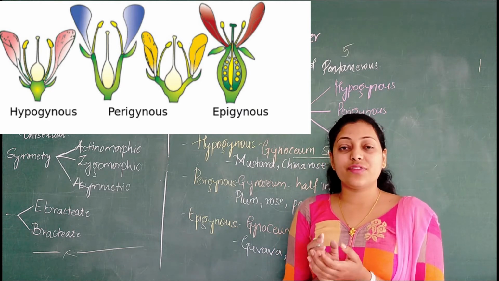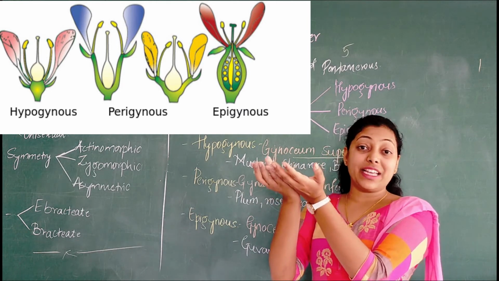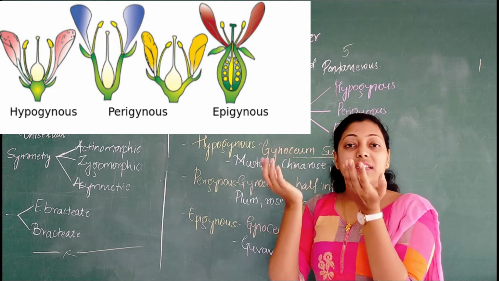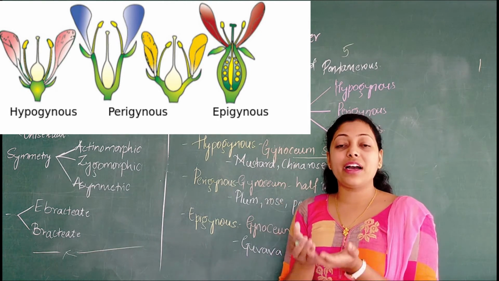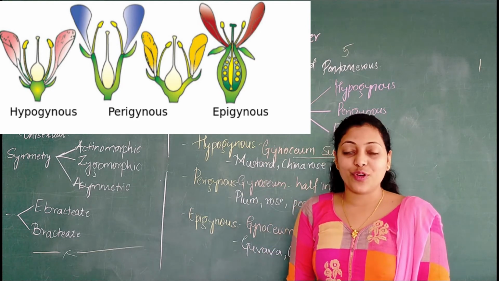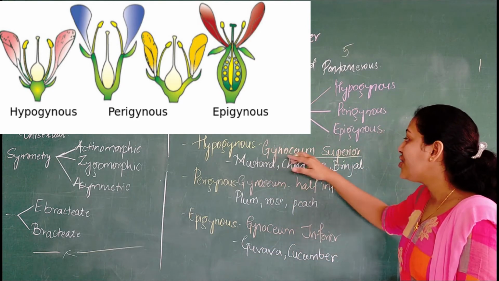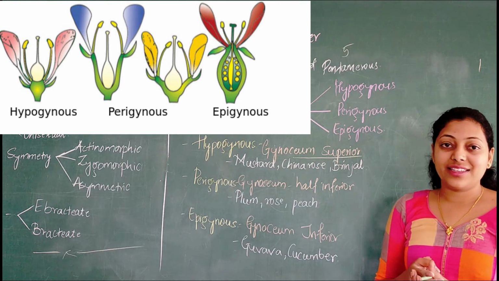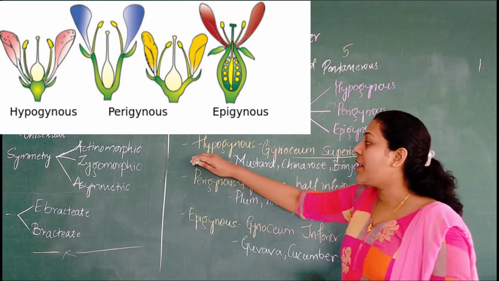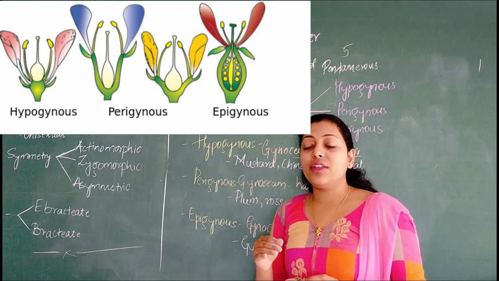Hypogynous flowers, because the ovary is placed superior, whereas the rest of the 3 parts, calyx, corolla, and androecium, are found at the base of the ovary, and that's why we say a superior ovary is found in hypogynous flowers. Is it clear? So by the name, how you can remember is, you get 2 words.